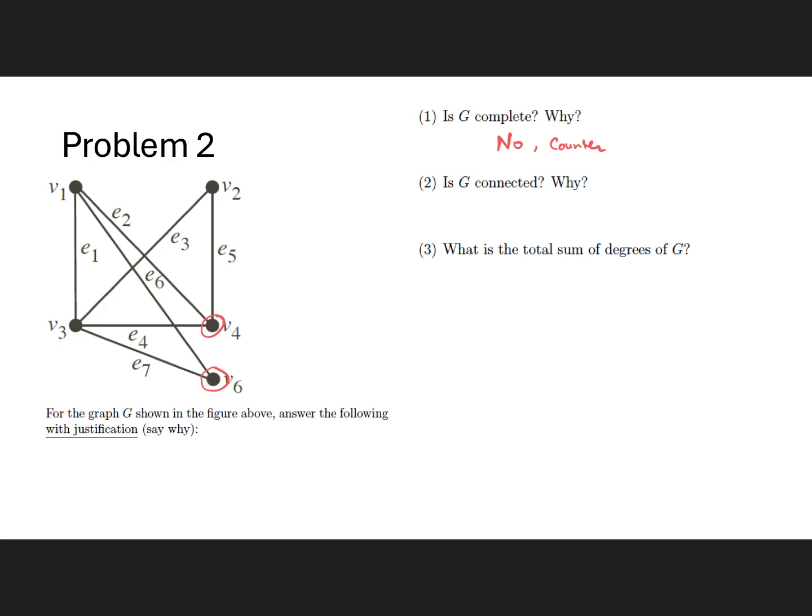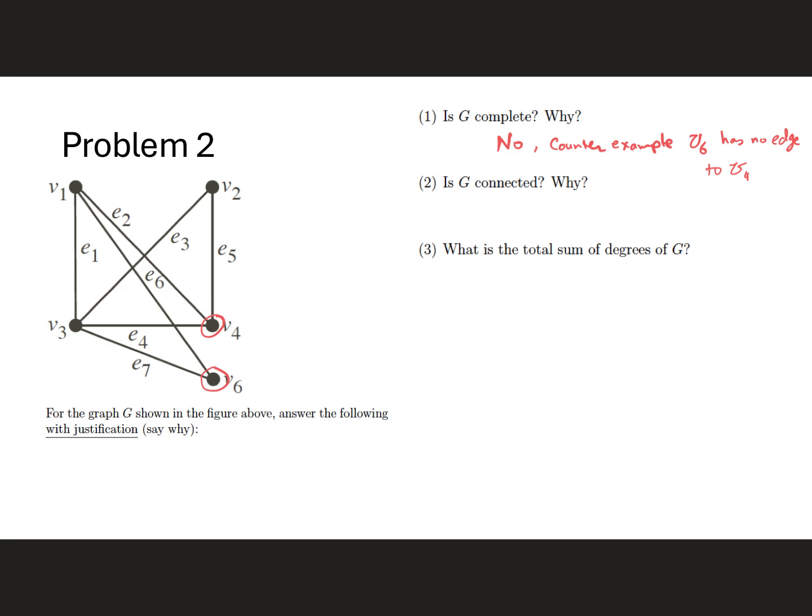So no, and a counter example to being complete is vertex 6 has no edge to vertex 4. Just one example is enough.